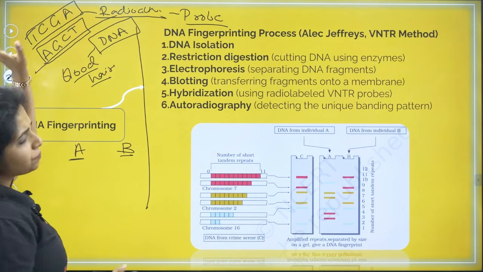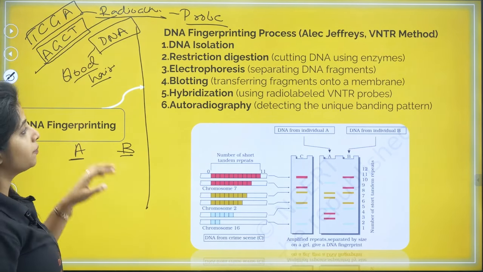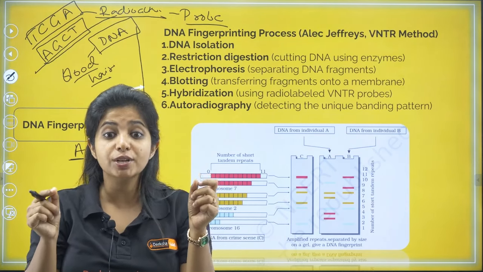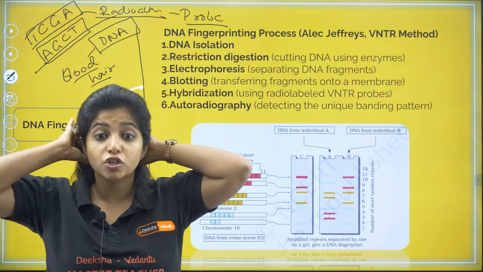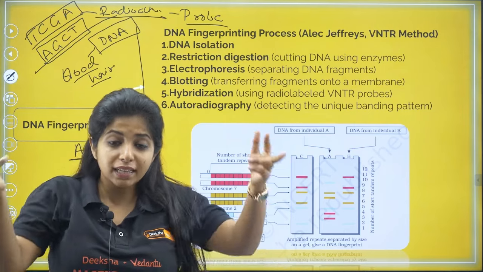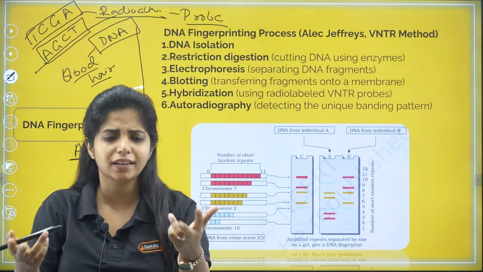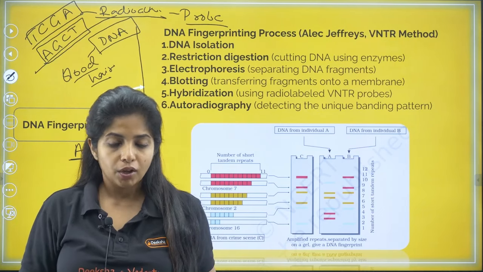So, basically anyway, the DNA that I got from here, I cleaved it with the help of restriction enzymes. Restriction endonucleases are the ones that cleave within the DNA. Endonucleases cut within the nucleic acid, DNA, RNA, whatever is there, DNA over here. Okay.